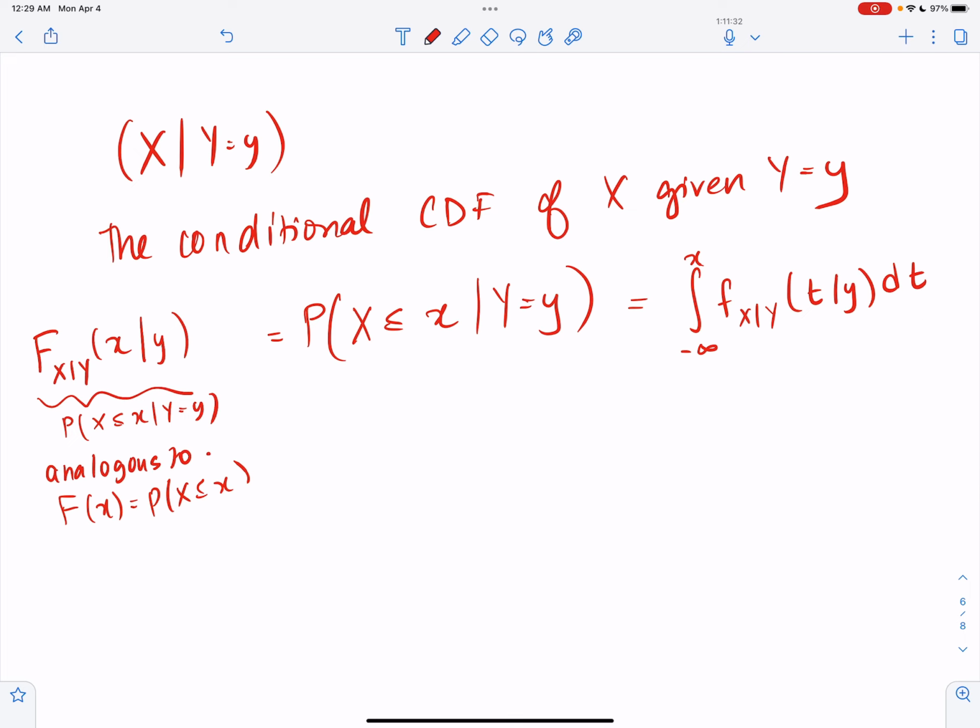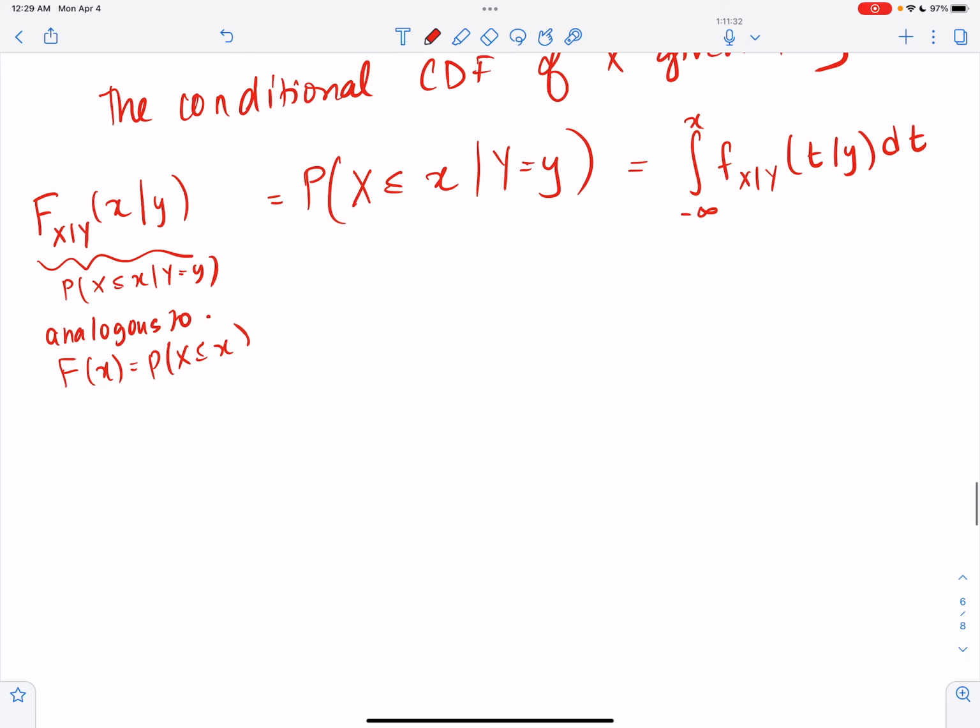So that's what you have. This is the conditional CDF of x given y equals y.